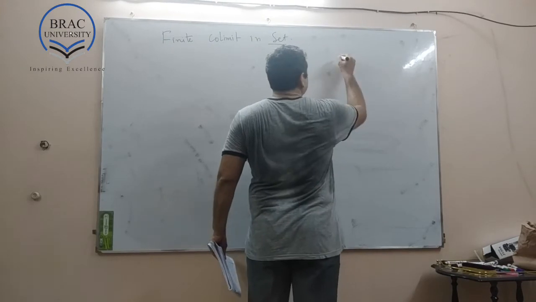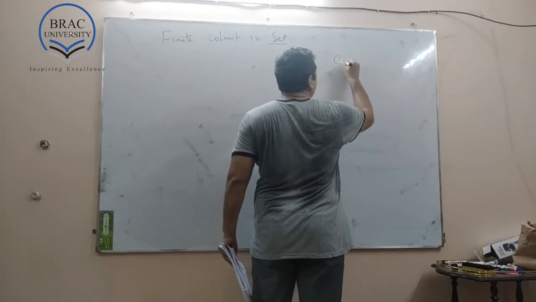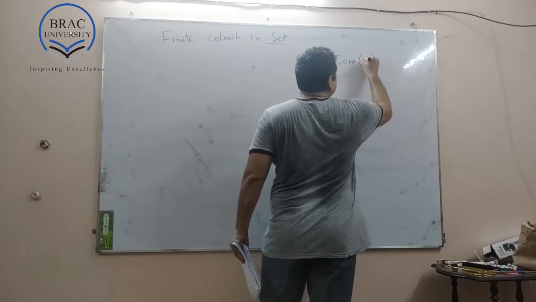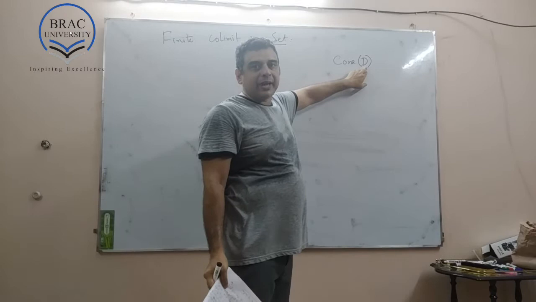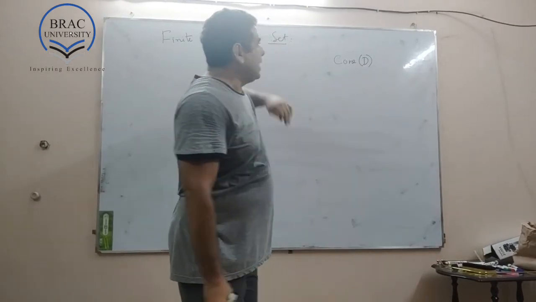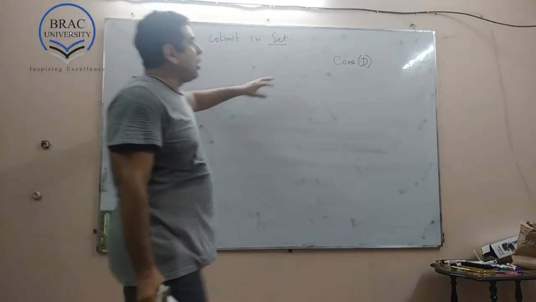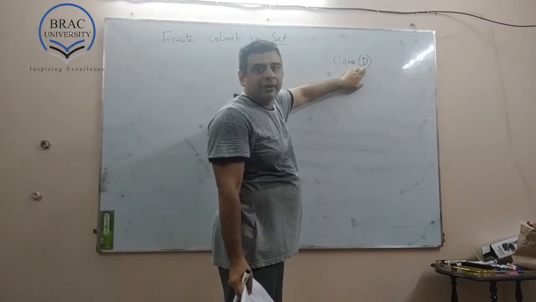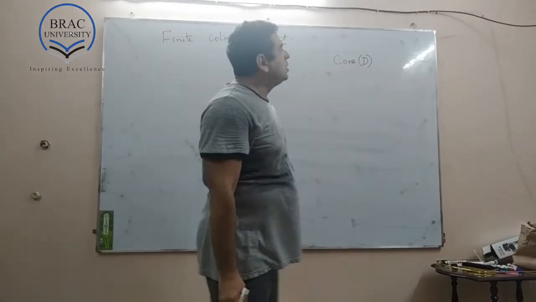I vaguely told you that there was some category called cone D for a diagram functor from an index category to a given category C. And the limit of that diagram functor is a terminal object in this category.